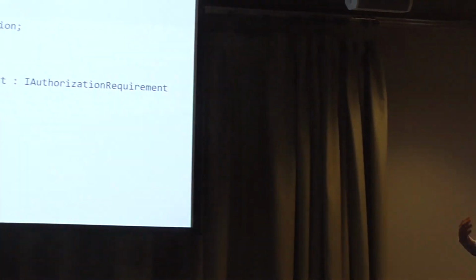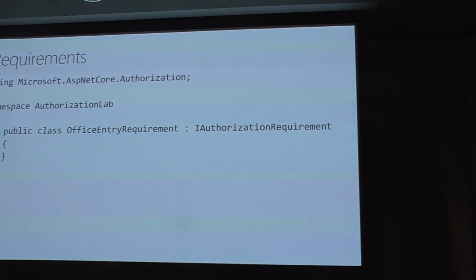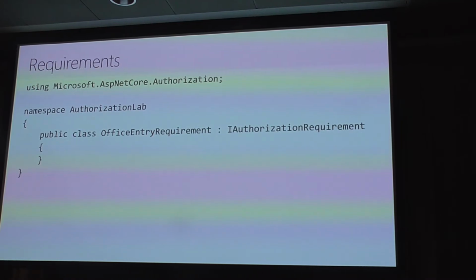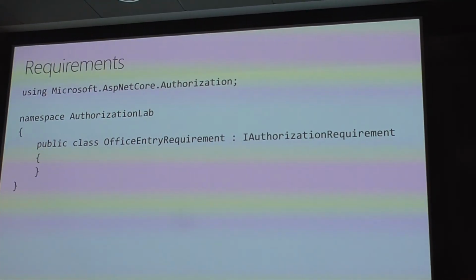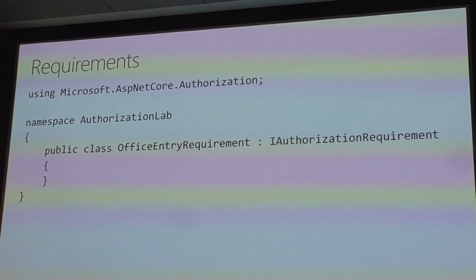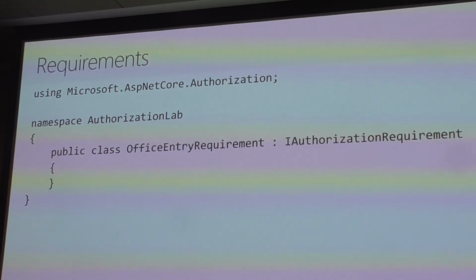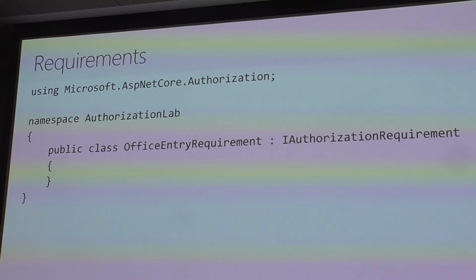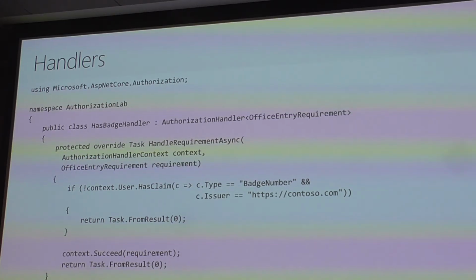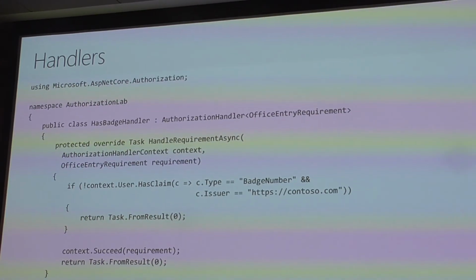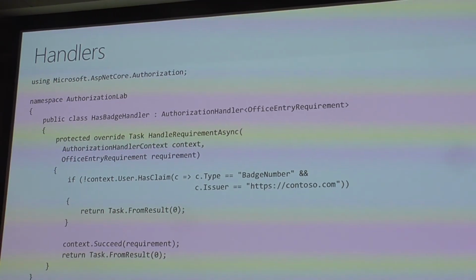It will make sense. So we start off with requirements. Requirements really don't have to do anything other than implement IAuthorizationRequirement. There is no code. It is a marker interface. You can parameterize this how you want. If you want to add properties, feel free, and you'll be able to access them during your authorization pieces. And for each requirement, you implement at least one handler.